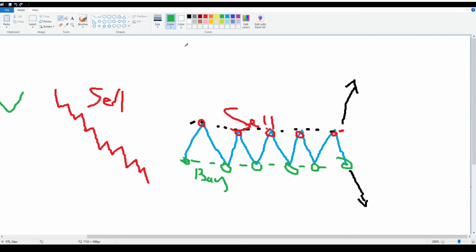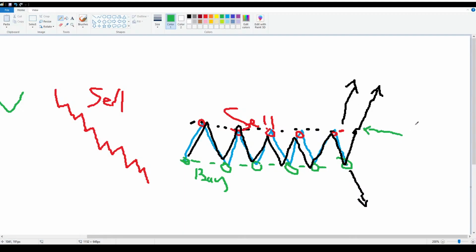So let's say we've got this situation where the market is moving in between two levels, right? And then now it goes to the top of the level. But remember what I told you, at the top of the range we sell. But sometimes the situation happens where the market escapes the range, and then that gives us an opportunity to buy when there's a breakout.